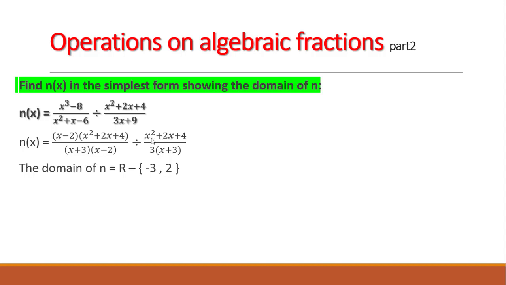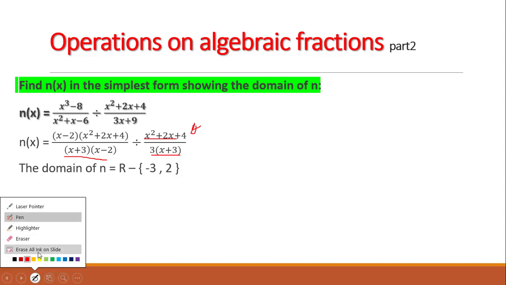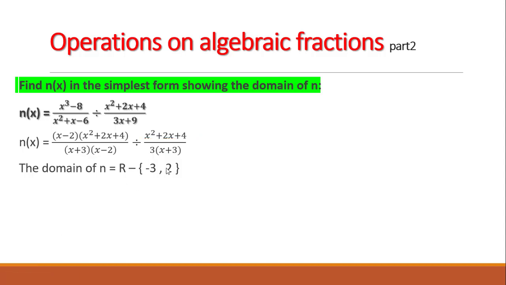Okay, so I write the domain. It means R minus the zeros of the first denominator, the second numerator, and denominator. But here in this case, this trinomial has no zeros, so we can't write here any zeros. So R minus {-3, 2}.